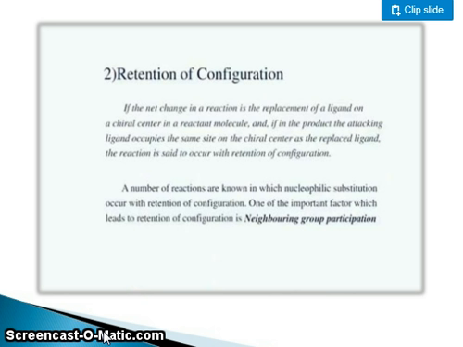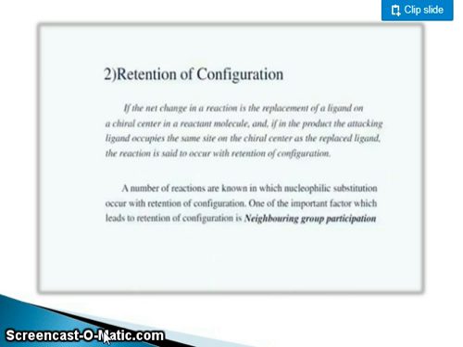Now the second important point related to neighboring group participation is retention of configuration.